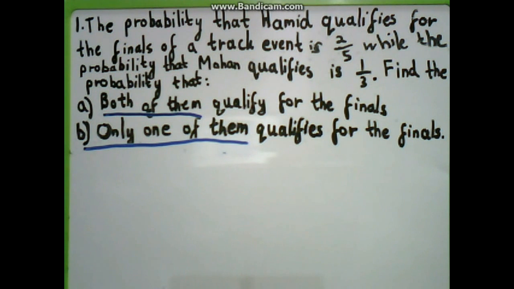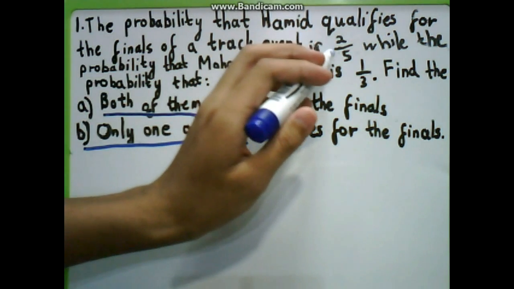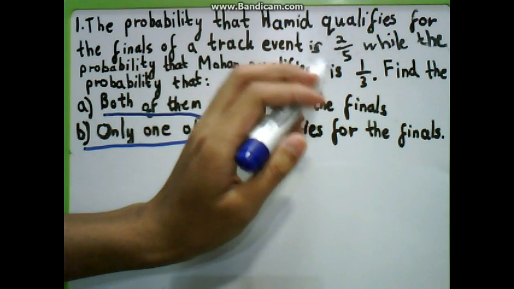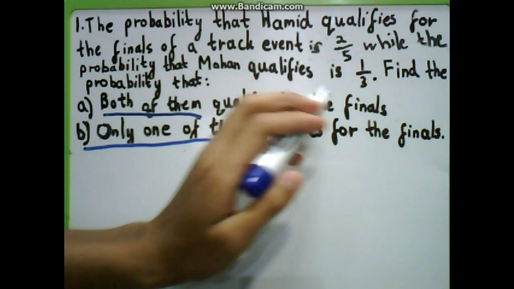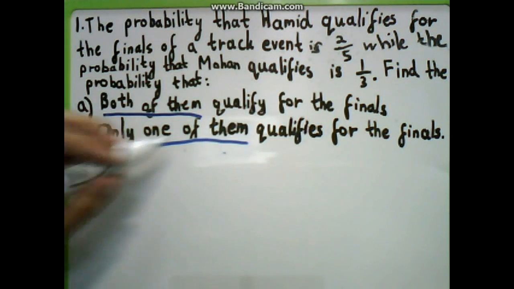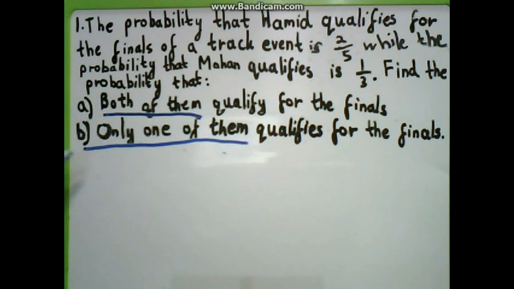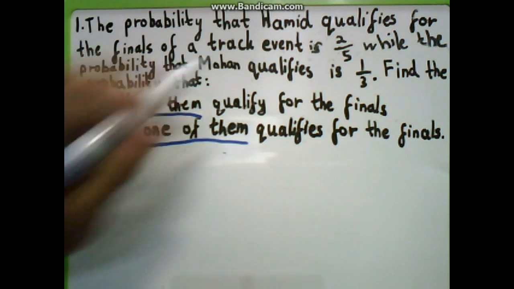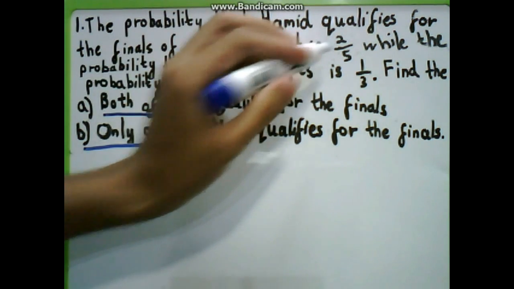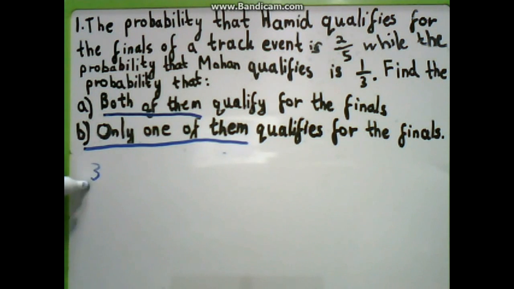This one is slightly different from the first one, but in a way similar. So we know that this is the probability that Hamid can qualify, this is the probability that Mohan can qualify. Only one of them qualifies. So this one includes the concept we call the probability that they do not qualify. So basically, this is the probability that Hamid can qualify. The probability that he will not qualify is 3/5.